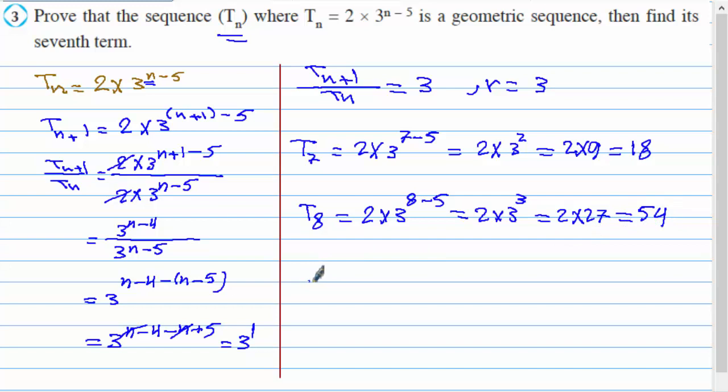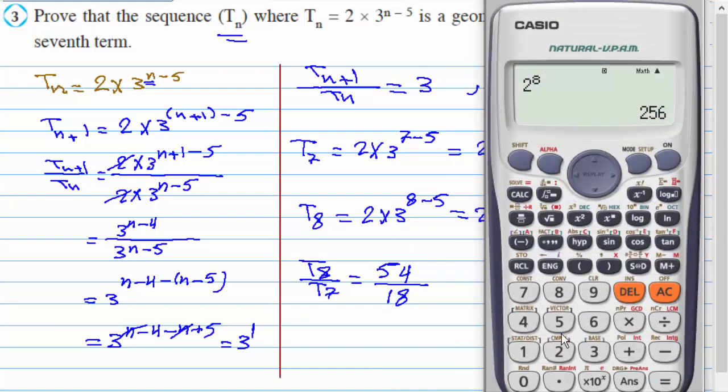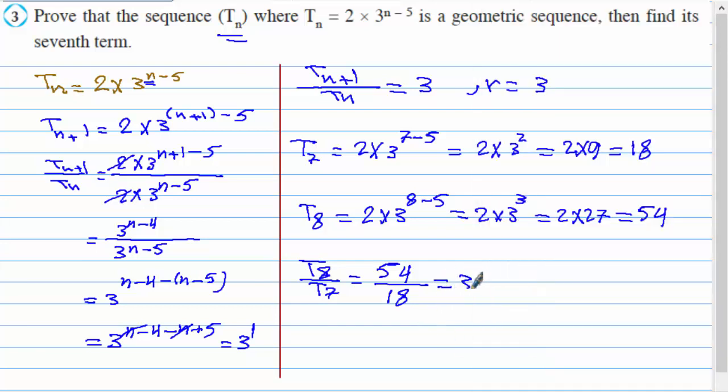Let us check the common ratio. T8 over T7 equals 54 over 18, which equals 3. So the common ratio equals 3, and we got the right solution.